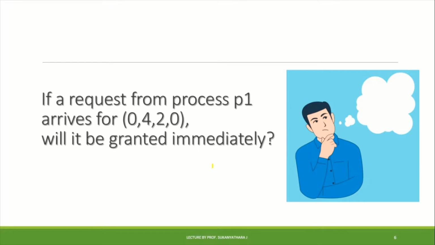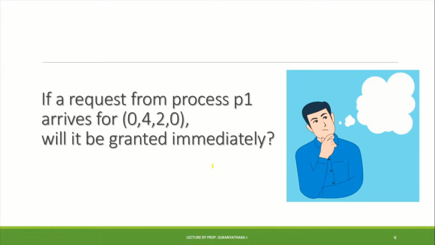So the operating system is thinking like this. P1 is asking me for resource types A, B, C and D 0, 4, 2, 0 instances. Is he asking for resources higher than his maximum requirement?